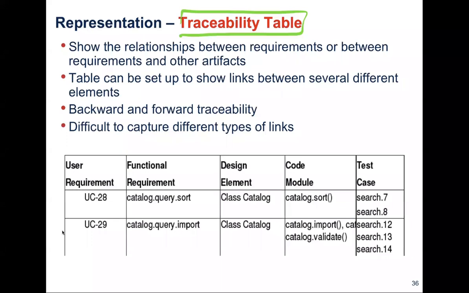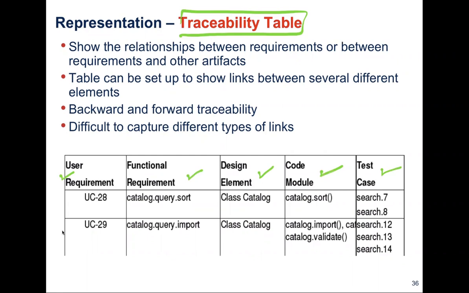So in the traceability table, we store information about user requirements, as an example, functional requirements, and other artifacts in the system, like design elements, code modules, and the test cases.